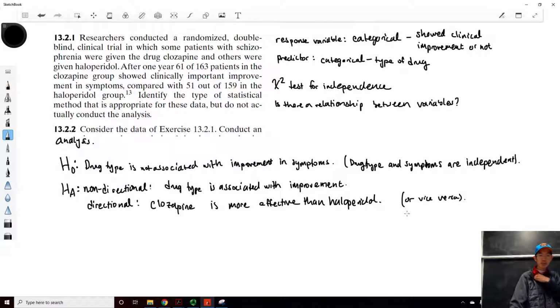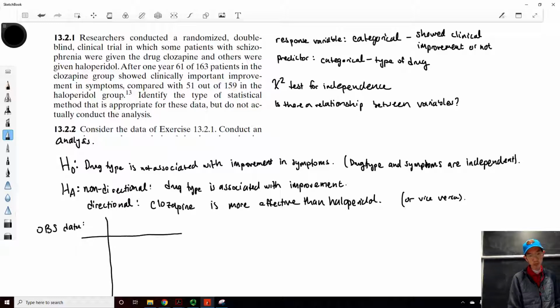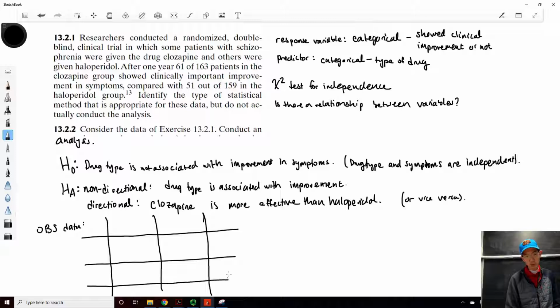All right. Okay, how would we go about conducting the test? So let's set up our observed data. What is our observed data? I would set up a 2x2 table. Okay, and I'm going to say we have those who improved and no improvement. And then we've got clozapine, haloperidol.